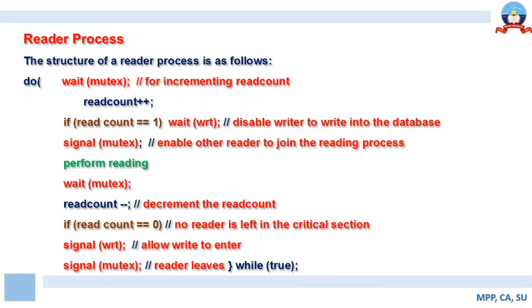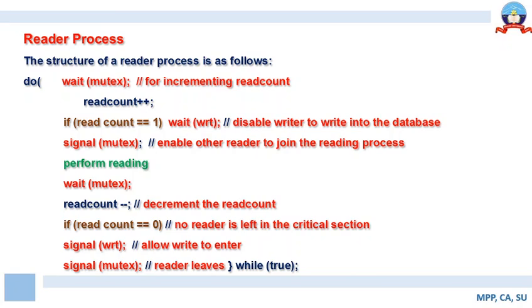So once read count is incremented, once you know that there is a reader process reading a file, and once the writer process has been disabled, we know that there is a reader in the file. So when there is a reader reading the file, you cannot perform a write operation on it.